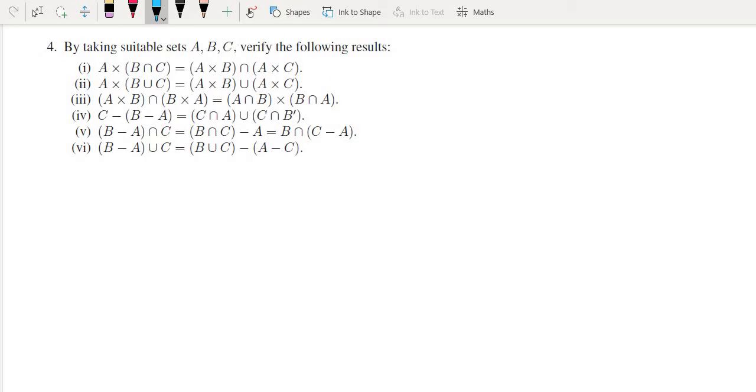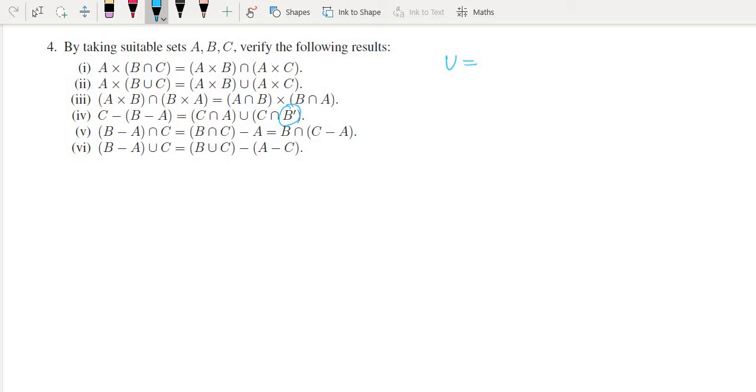Question number 4. The question is, by taking suitable sets A, B, C, verify the following results. So by taking some suitable sets, we have to verify all these results. So let me take my universal set. Why I have to write universal set here is, we have some terms like B complement.